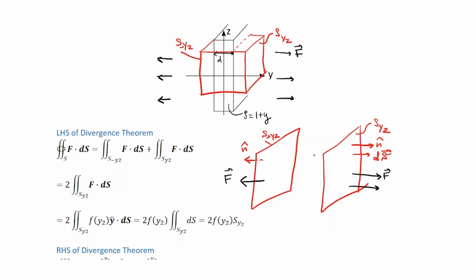But we just determined that the sign is actually the same, so these two integrals are the same, which is why here I wrote that this is just 2 times this integral. Okay, next step is to evaluate what it is. So we have 2, then this integral. Here again I plugged in F equals F of y times y hat and plugged in y2. Then I took this guy out of the integral.